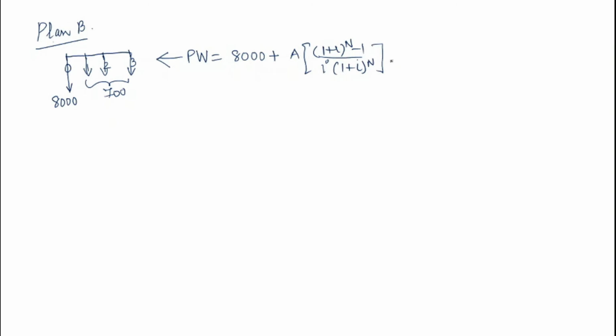If I fill in the numerical values, this will be 8,000 plus A, which is given as 700, times 1.07 to the power 3 minus 1 upon 0.07 times 1.07 to the power 3. If I compute the numerical value of this, it comes out to be 9837.021 dollars.